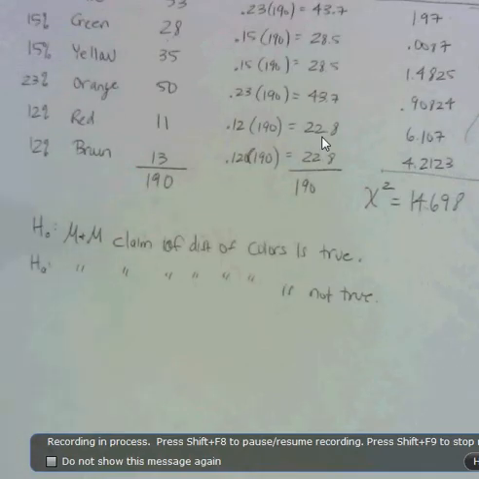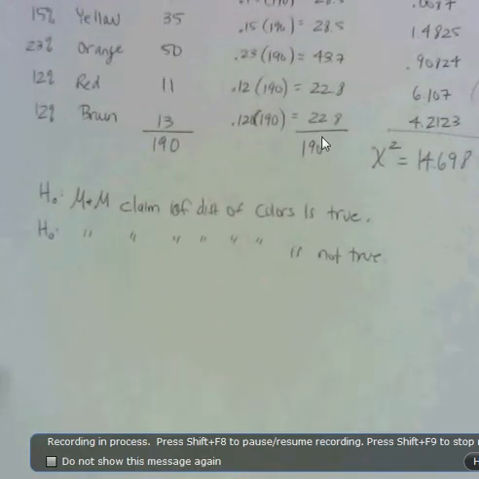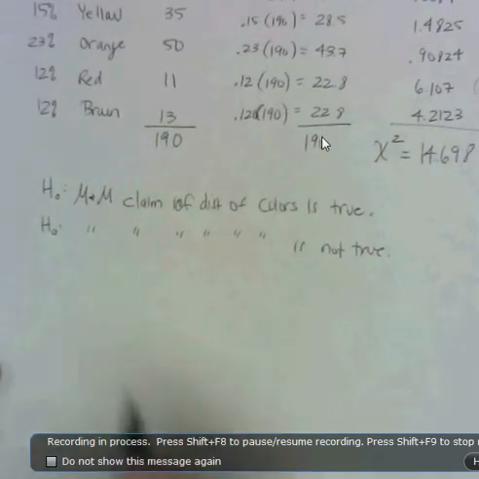So the assumption is, well, why would we think that it's not true? So you always assume that the distribution fits, or it is true. So HO and HA. And again, we have to have our conditions.